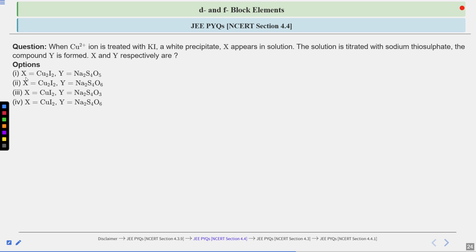Options are: X is Cu2I2, Y is Na2S4O5; X is Cu2I2, Y is Na2S4O6; X is CuI2, Y is Na2S4O3; or X is CuI2 and Y is Na2S4O6. So you are given some time, try to solve this, try to write the reaction and see what X and Y are. After this time, we will see what the correct answer is.